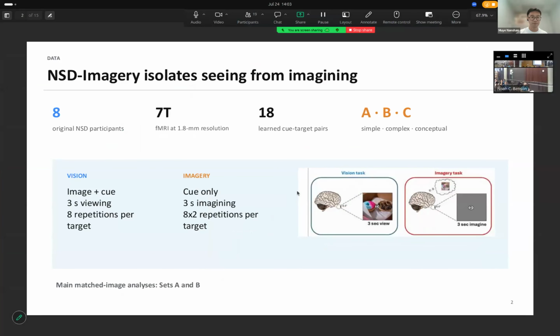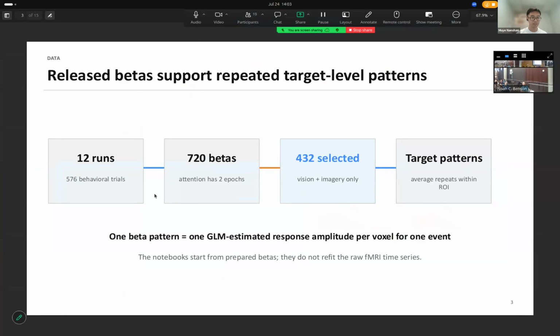In this data set, there are 12 rounds, and each round has around 576 behavioral trials, which are participants seeing an image or imagining it with their brain responses measured.